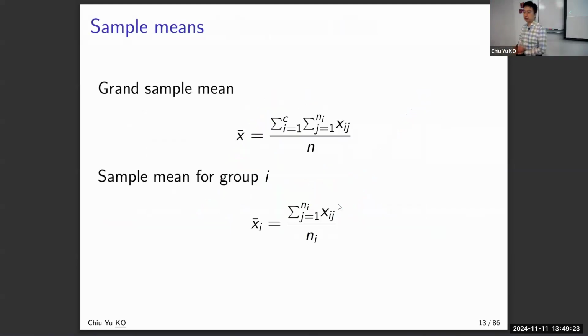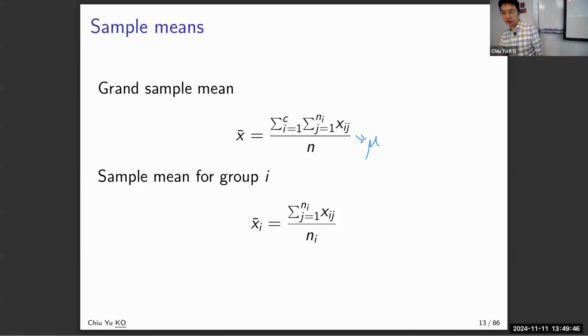And now we go to the sample counterpart. Here is where we get the formula, and we tell you how to do the f-test. That's very simple. X bar is adding all observations divided by the total number of them, and this is exactly the one that would estimate mu.